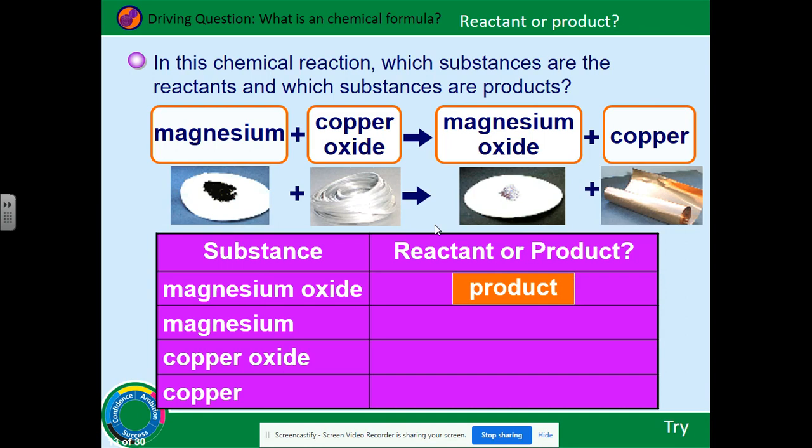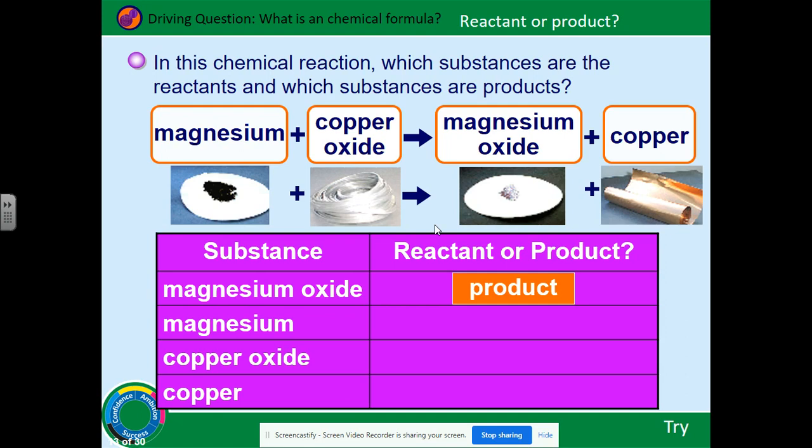Now that we have done the first one, take a minute and try to predict magnesium, copper oxide, and copper. Are they reactants or are they products? Awesome. Magnesium.